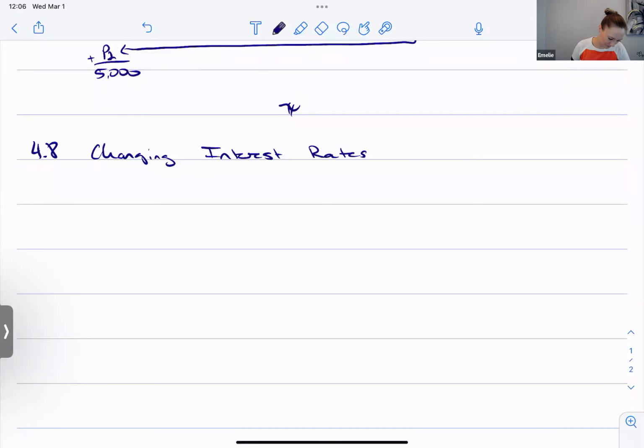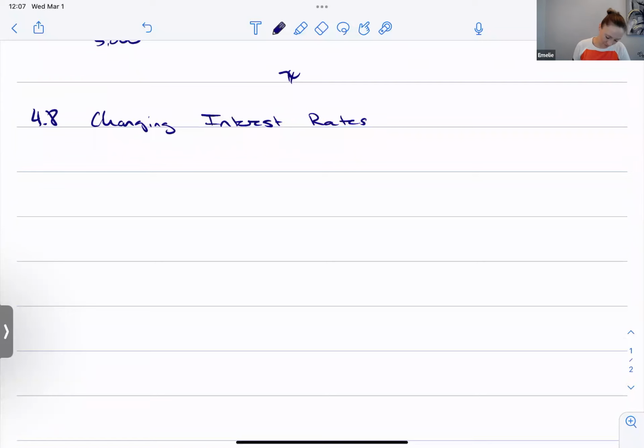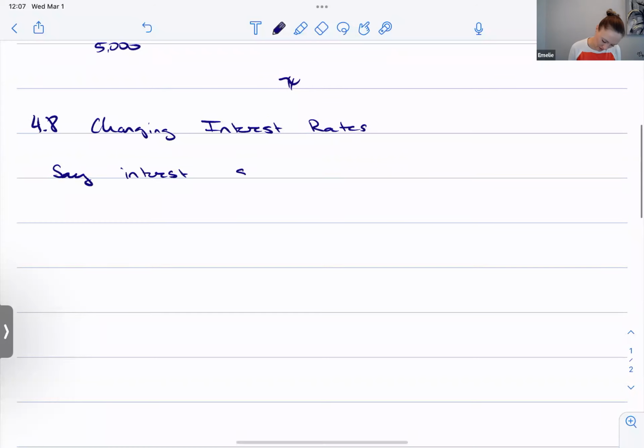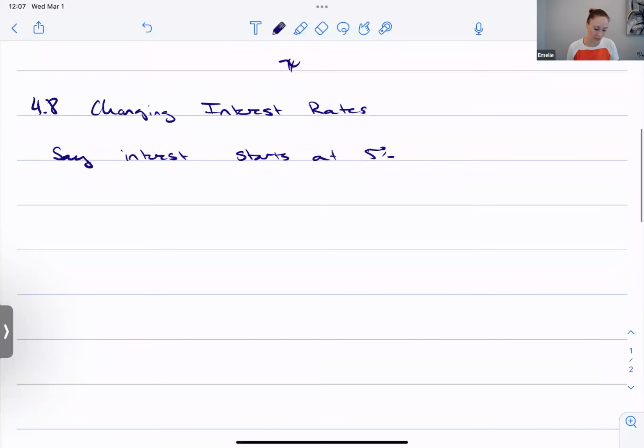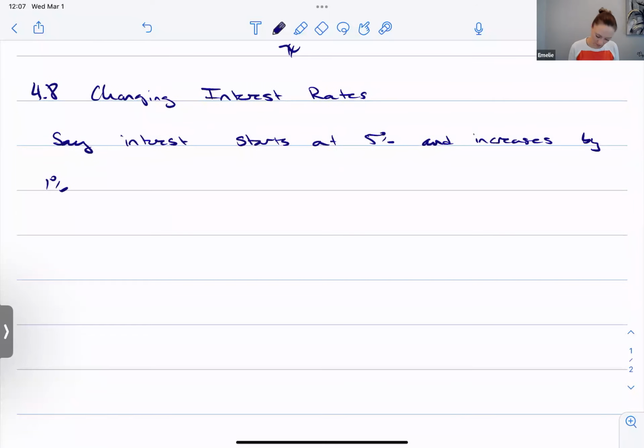It is an example, but just to illustrate the idea, say interest starts at 5%, amazing interest rate, and increases by 1% every 4 months.